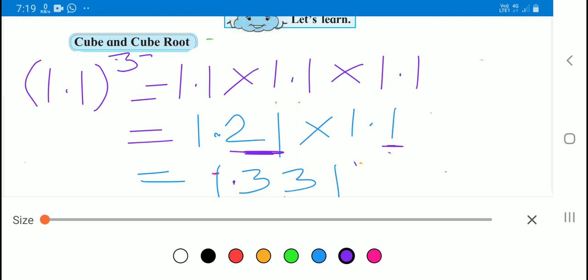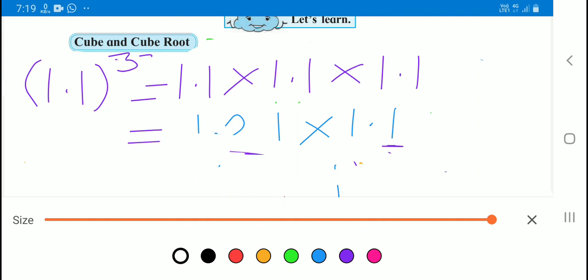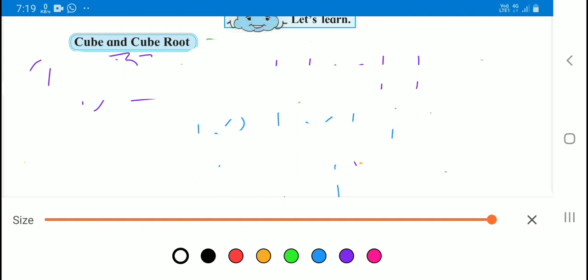Now we will see how to find the cube root. Okay. So for that again same thing, I have to make the place. Keep in mind, the cube of positive number is positive and the cube of negative number is always negative. We'll see how to find the cube root of the number.